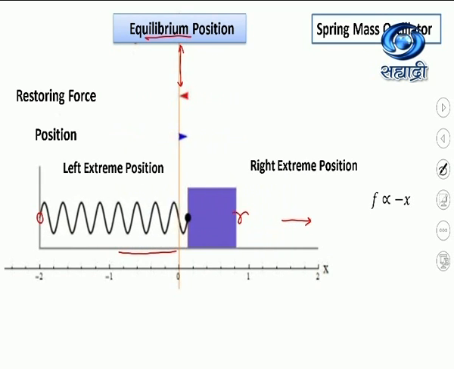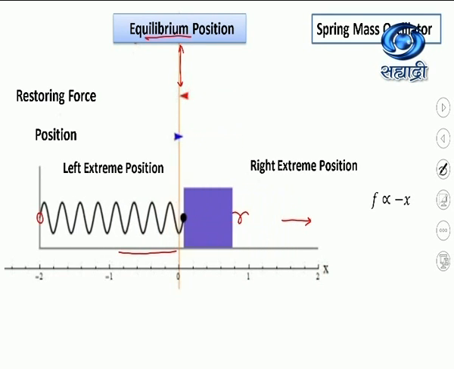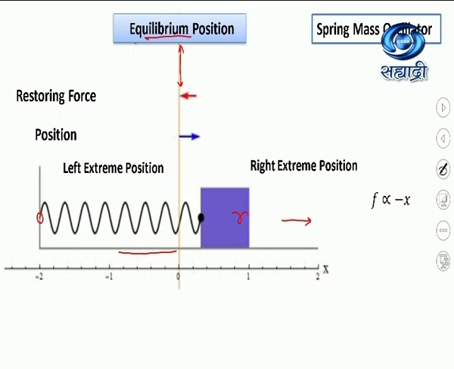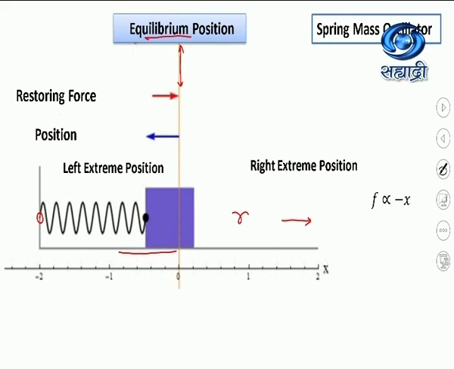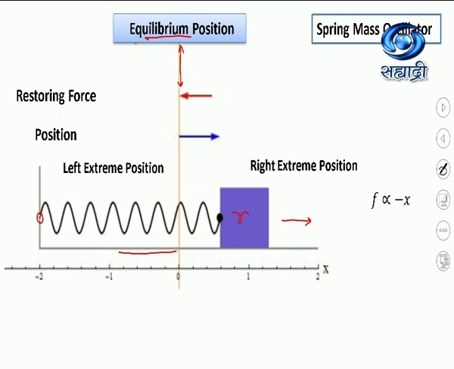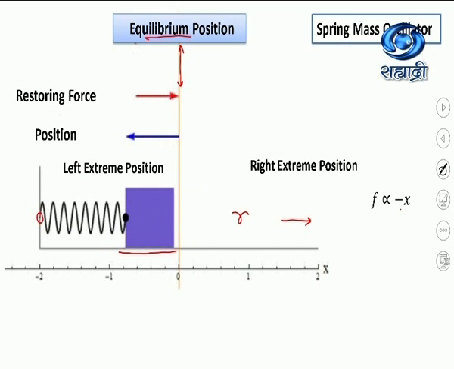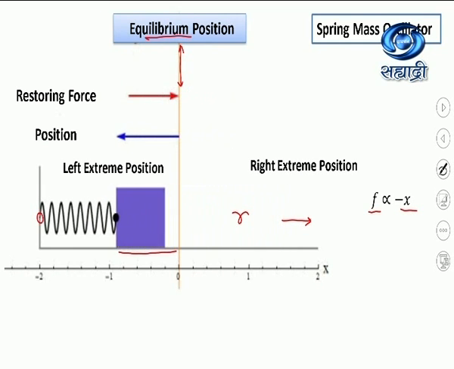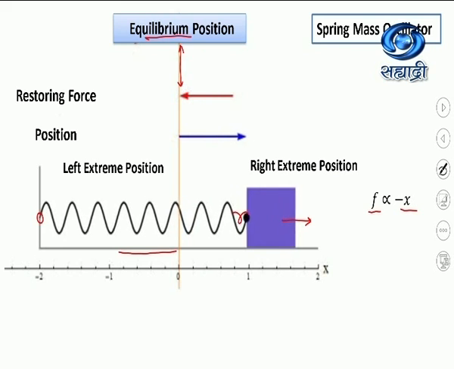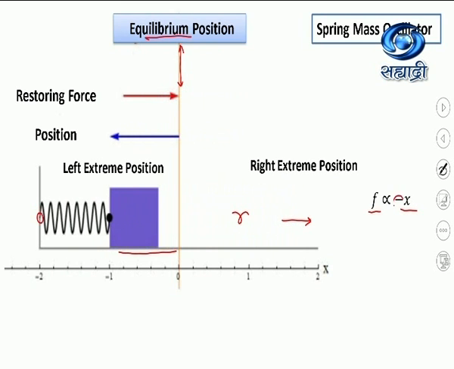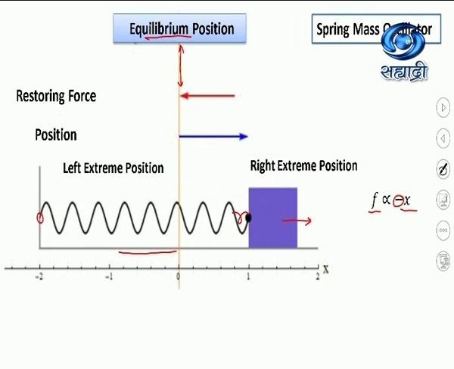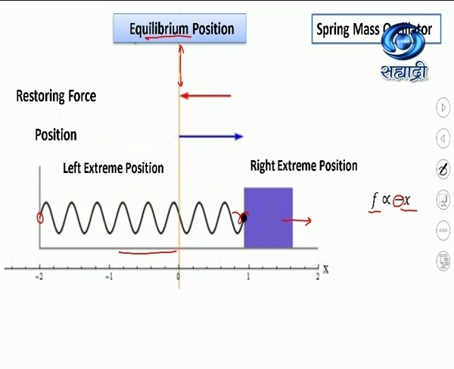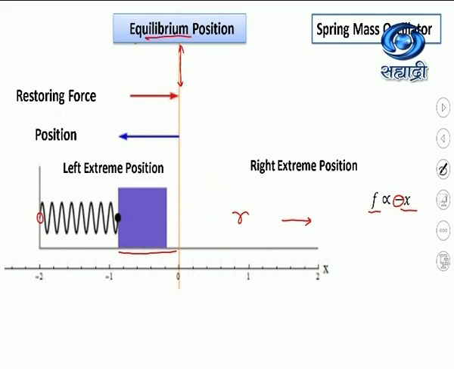So here from the animation it is very clear that the restoring force acting on the block tries to bring the block back to its equilibrium position, and that is proportional to the linear displacement of the block. So more is the force, more is the displacement of the block, and the negative sign over here indicates the direction, that is the restoring force over here as from the diagram is indicated by a red vector.